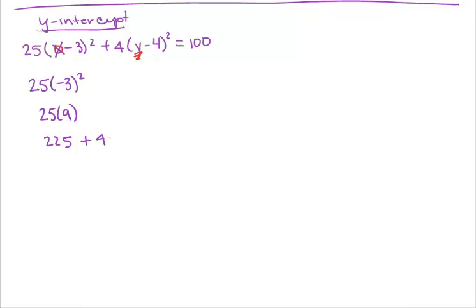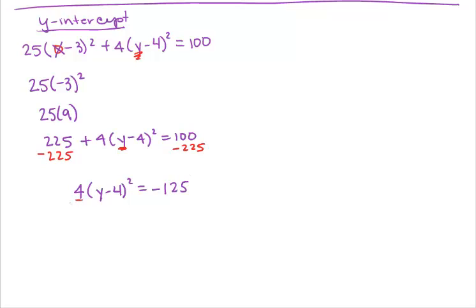Carrying down the rest of my problem, I have 225 plus 4 times y minus 4 squared is equal to 100. To isolate my y variable, I need to get rid of everything else. So first let me subtract 225 from both sides. Gives me 4 times y minus 4 squared is equal to negative 125.